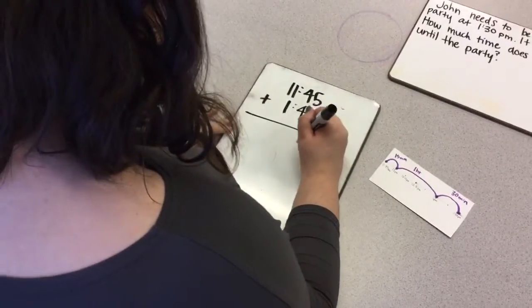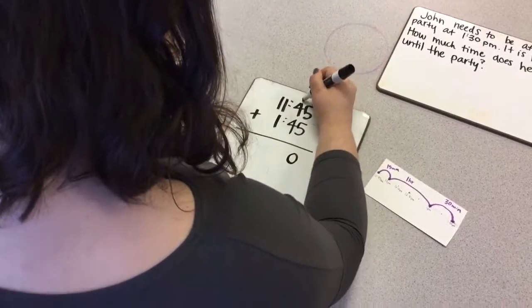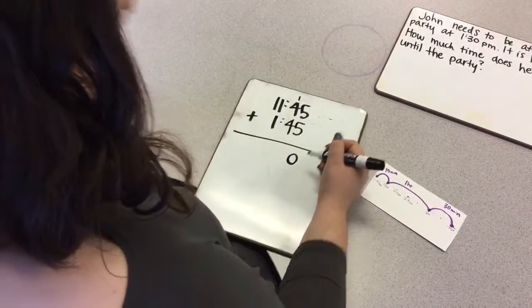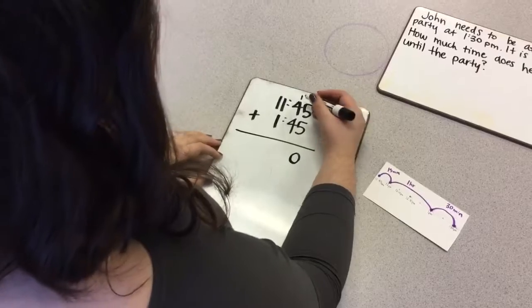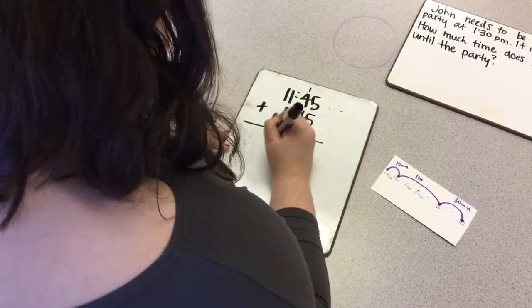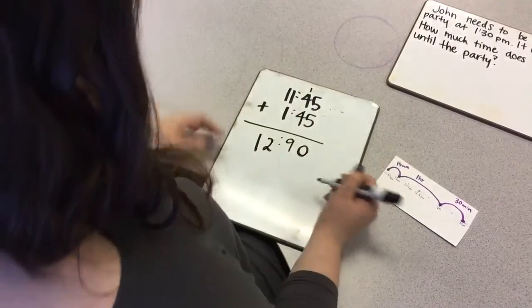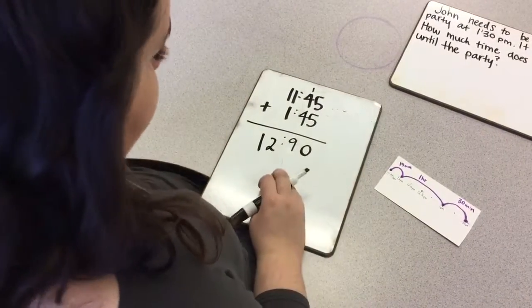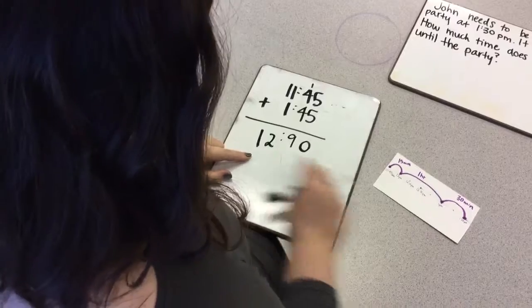They would get 5 plus 5 is 10, carry a 1, so we regroup. 4 plus 4 is 8, plus 1 is 9, and then 1 plus 1 is 2, and then 1. So they would get 12:90. So that would be the time that they would end with, and that doesn't match 1:30.